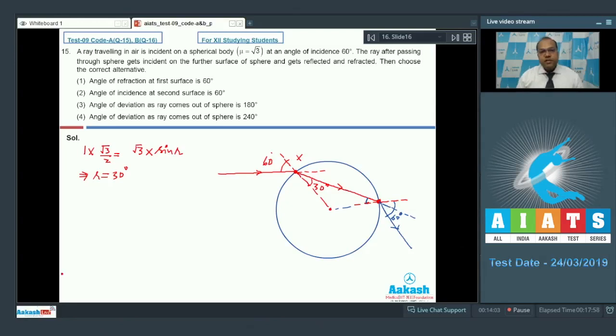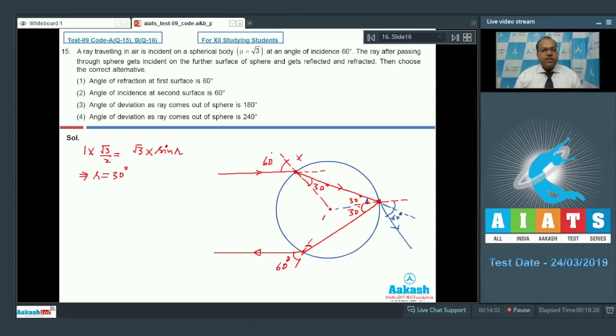Now if I consider the other case, that is reflection at this point, then the ray will be reflected at this point, and if this angle is 30 degree, then this angle is also 30 degree, and at this point the normal will be drawn in this direction, so this angle is 30 degree, so the ray will move in this direction and the angle of refraction from the normal will be 60 degree.